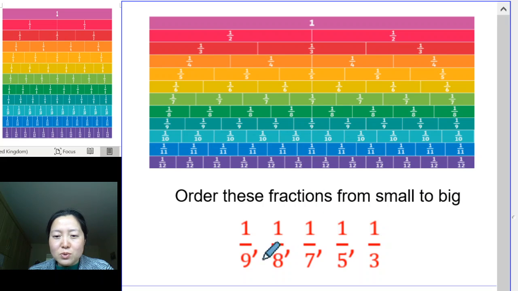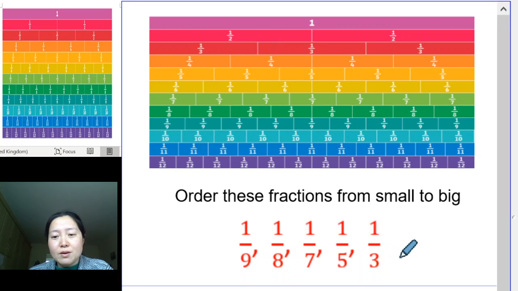But this 1 piece, what's the size of the piece matters, yeah? 1/9 is the smallest because a whole bar is cut into 9 pieces, so most number of pieces, and each piece is smaller than if the whole bar is cut into 8 pieces, and it's smaller than if the whole bar is cut into 7 pieces, and it's smaller than if it's only cut into 5 or 3 pieces.